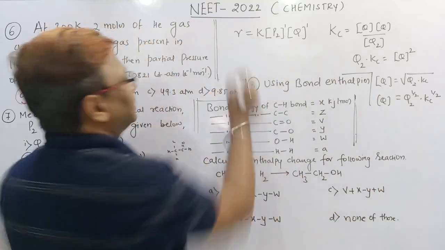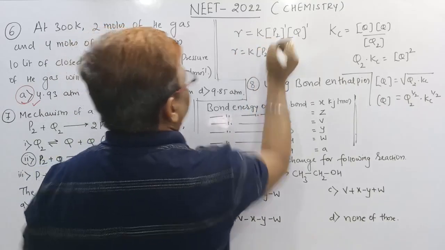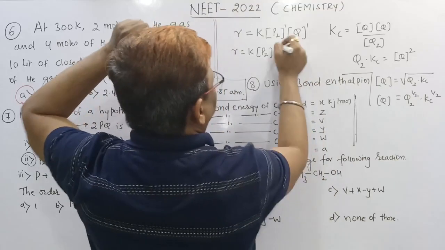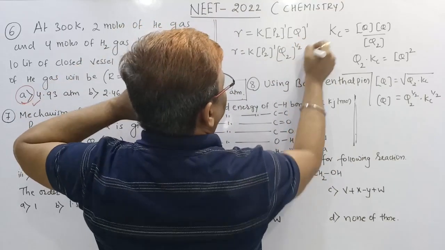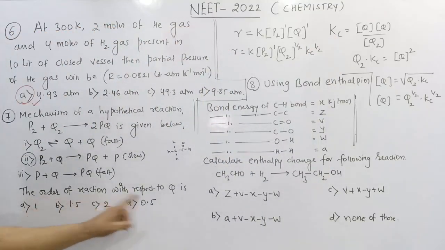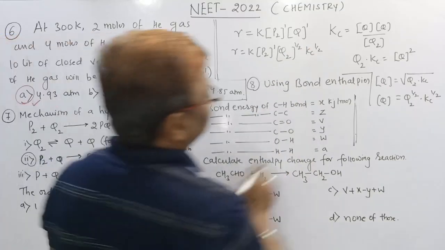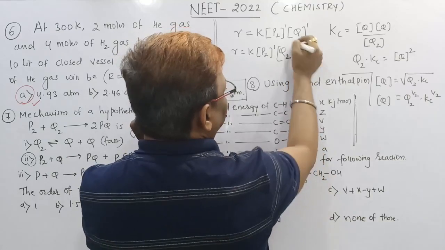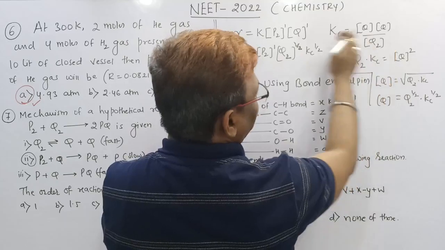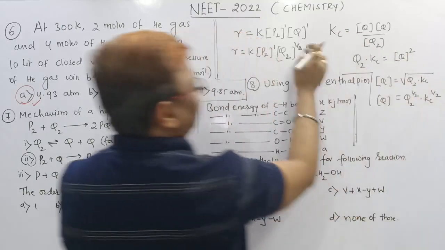Substitute in this equation, I will get R equal to K into concentration of P2 to the power of 1. But the Q value I should write here. It becomes Q2 to the power of 1 by 2 and Kc to the power of 1 by 2. They are asking the order of reaction with respect to Q. Order of reaction with respect to Q means the value I am getting is 1 by 2, because here Q2 goes, then Q is equal to under root of all this, Q to the power of 1 by 2.